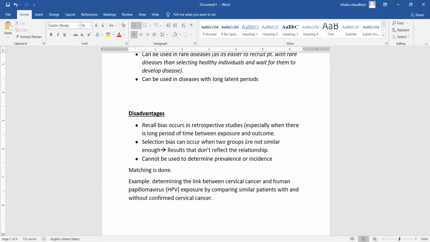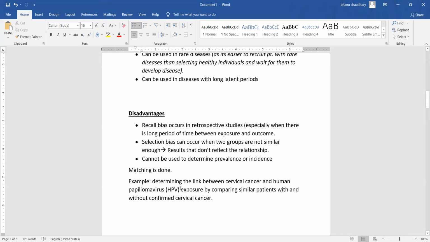If the two populations are so different, then you cannot determine whether biological differences or smoking history is actually causing the lung cancer. So always for case control studies, the two groups must be similar to each other, to prevent selection bias.